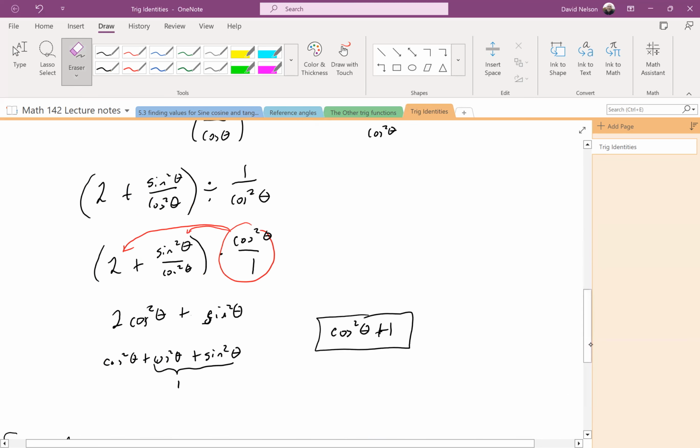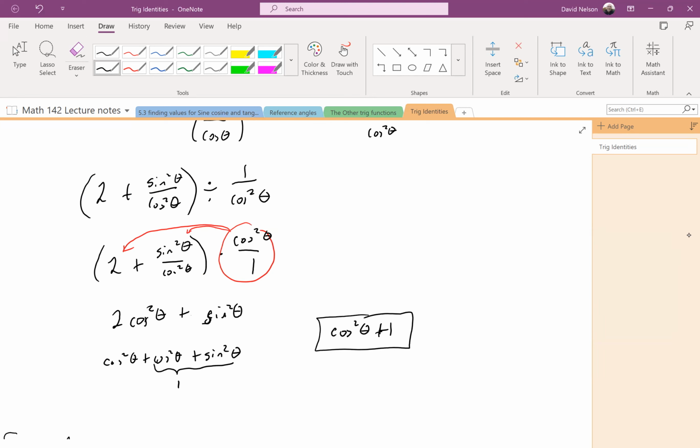And I think that's about as simple as we can get it. Although the 2 cosine squared theta plus sine squared theta is pretty simple, we can get it down to just cosine squared theta plus 1 if we want to. So that's pretty nice. I think that's about all we can do with that.